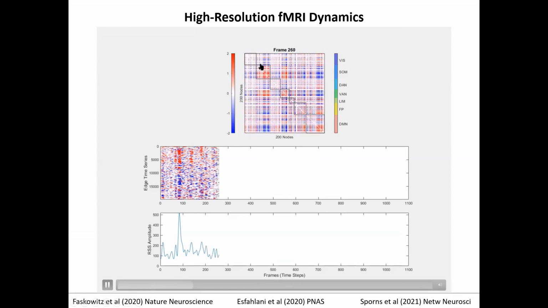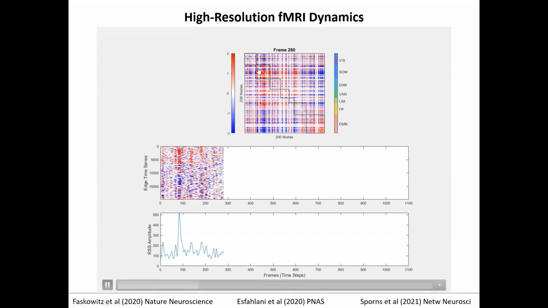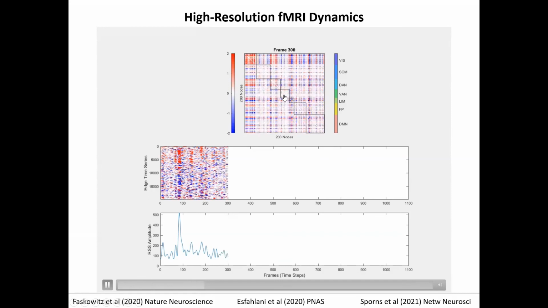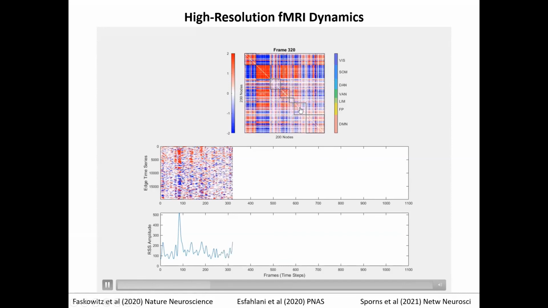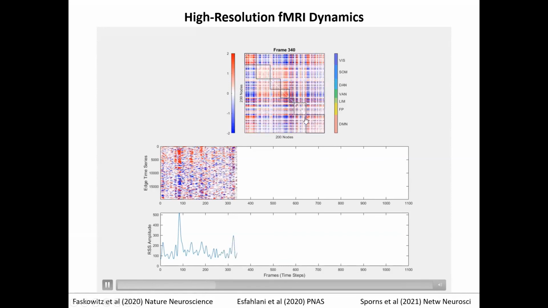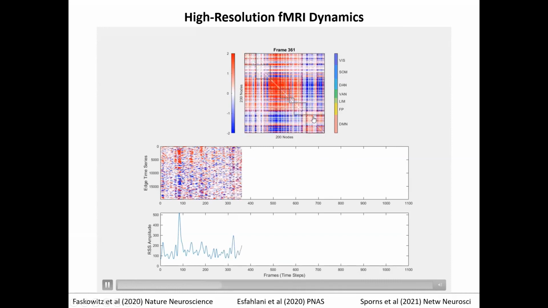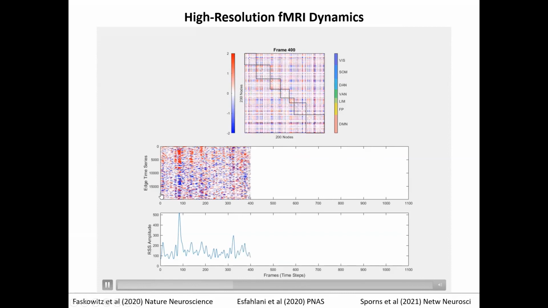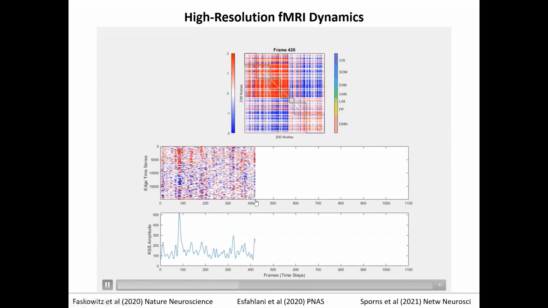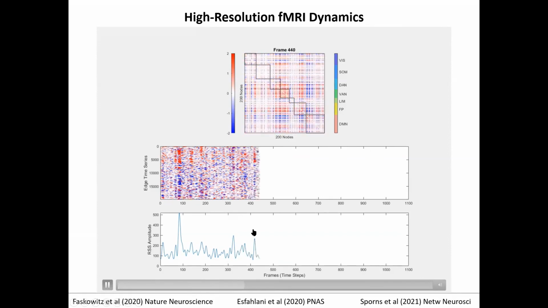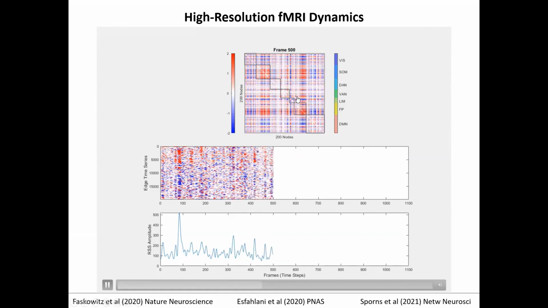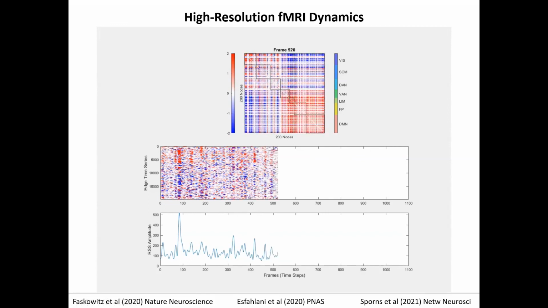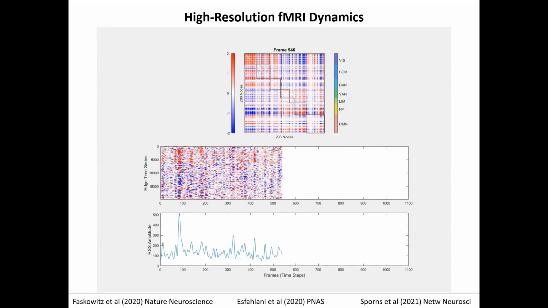And I've illustrated here the classic systems: visual, motor, dorsal attention, ventral attention, limbic, control and default mode, that we know from classic functional connectivity. Here's our edge time series matrix that I showed you a few times already, and you see these characteristic streaks that occur when there is an event. These events manifest in our movie as high red-blue, high contrast patterns.